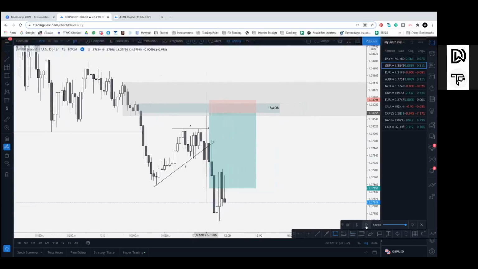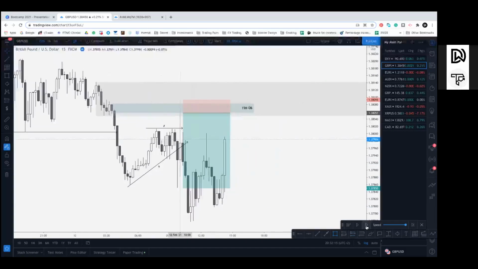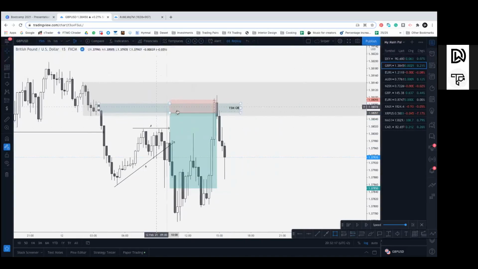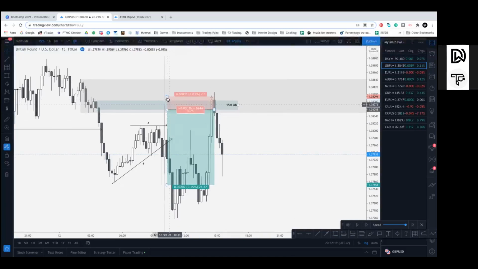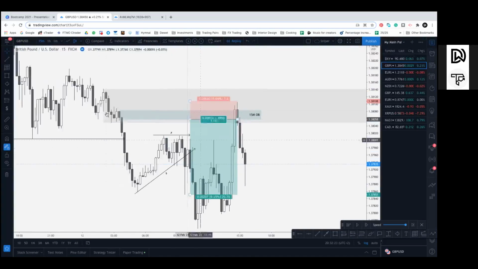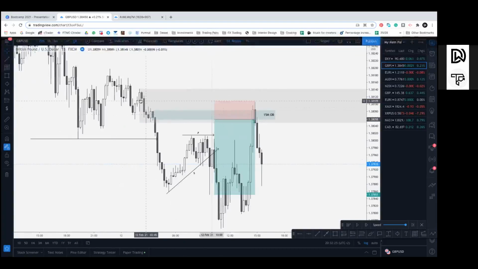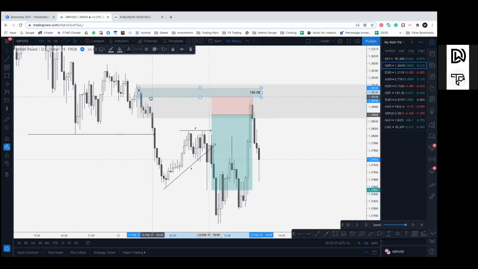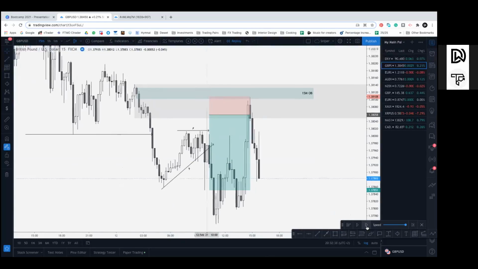Came back up. Yeah, tapped it. Alex took this trade as well, didn't you, Alex? I think so. Oh, yes, it tapped this one order block. Sorry, I'm confusing you now. This one, and then it pushed towards the downside.